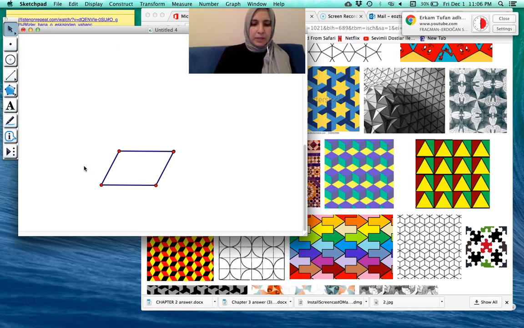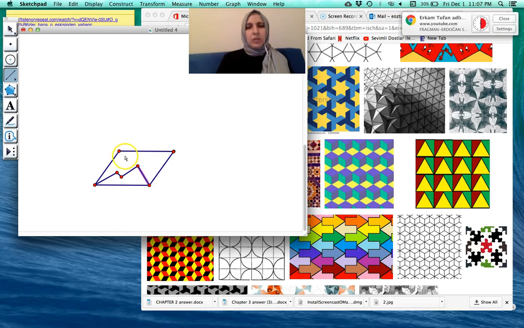Great. And let's make a shape, as the book made, like this. Great. And then let's make it tessellate.